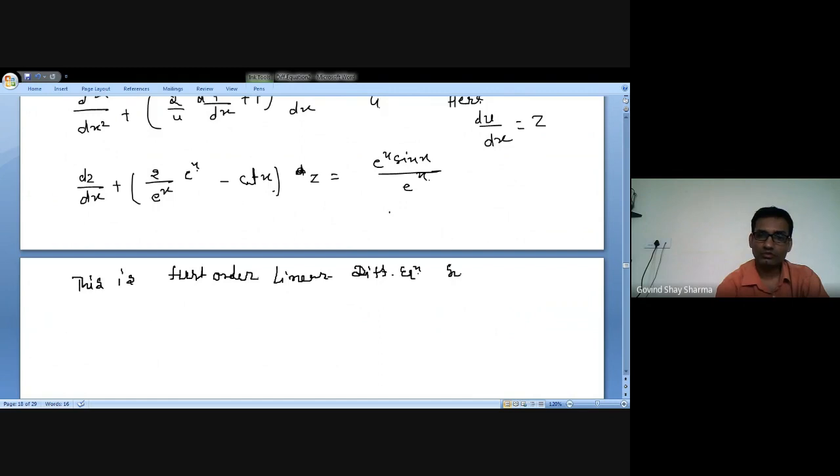IF means integrating factor. IF is equal to e to the power integral of 2 minus cot x, e to the power 2x.